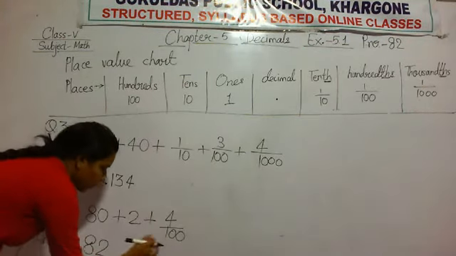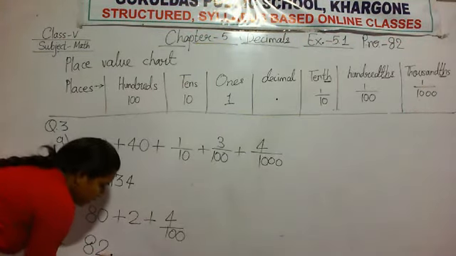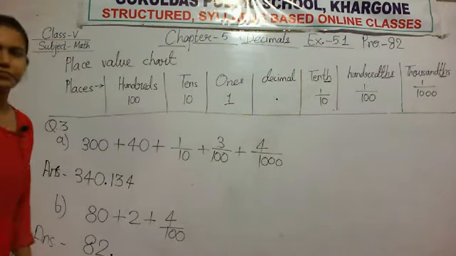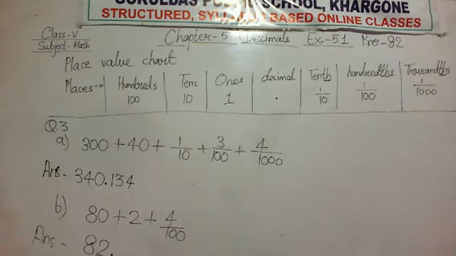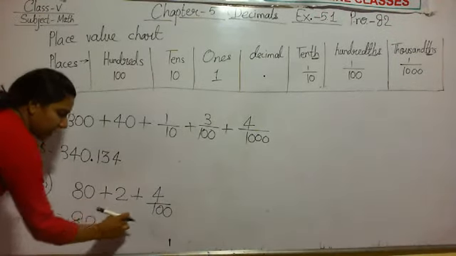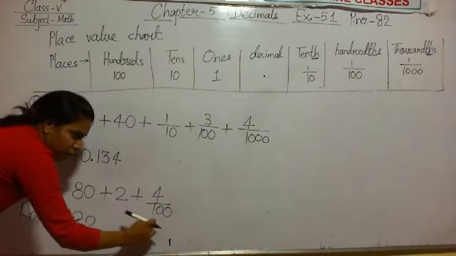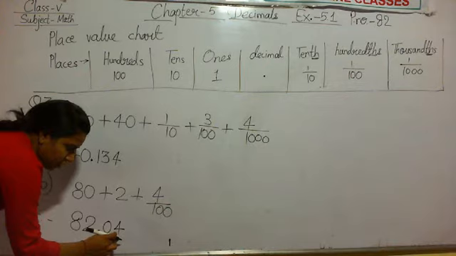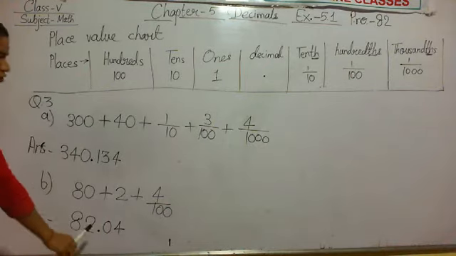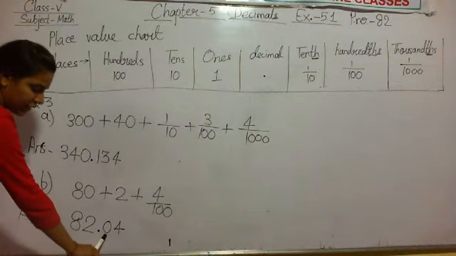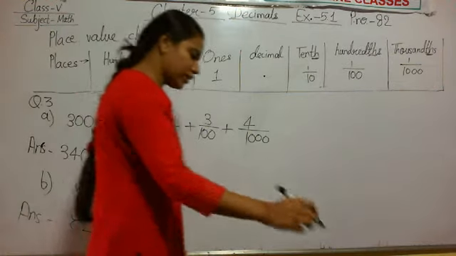The position of 4 will be right of the decimal, but since upon 100 is written there, its position will be second, right? So I am writing 0 first, and you also need to do the same thing.